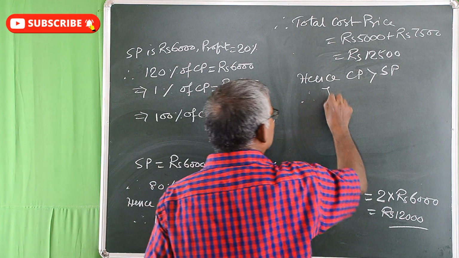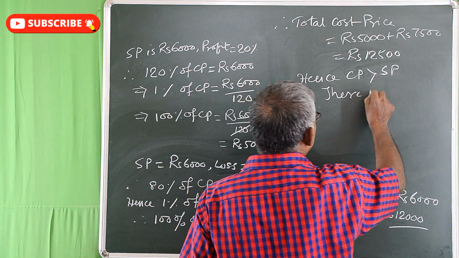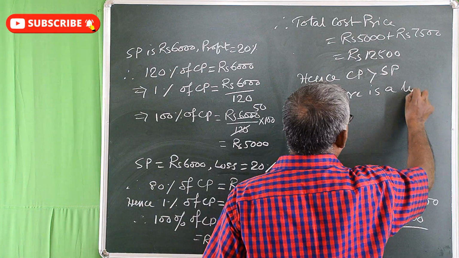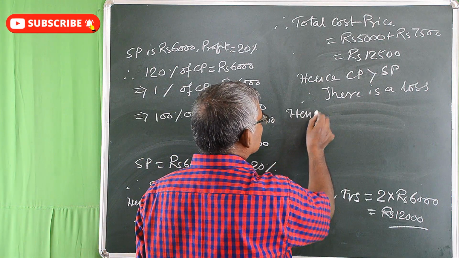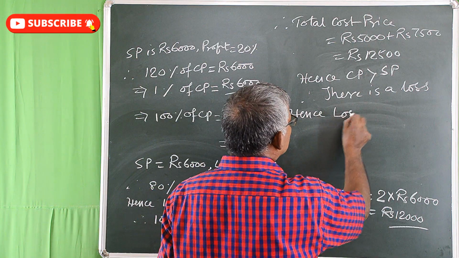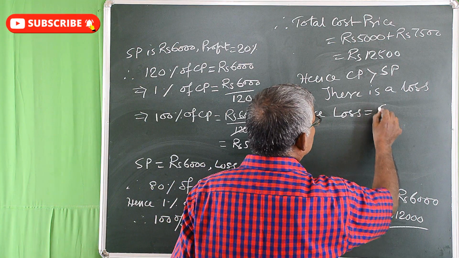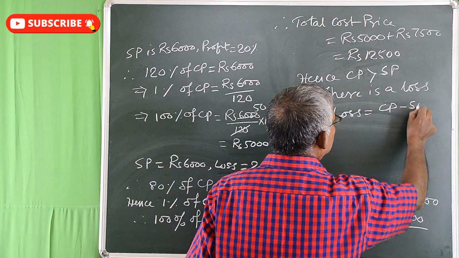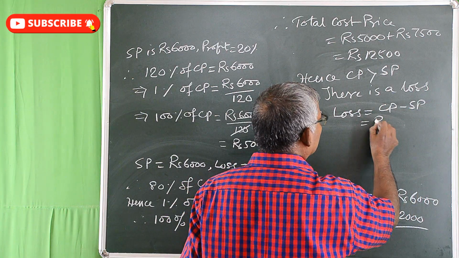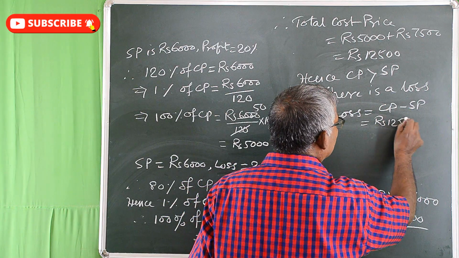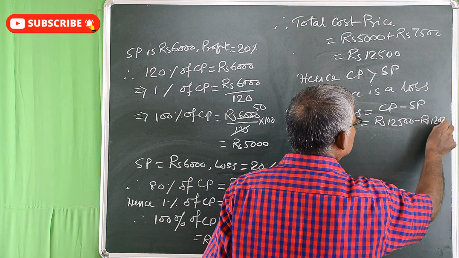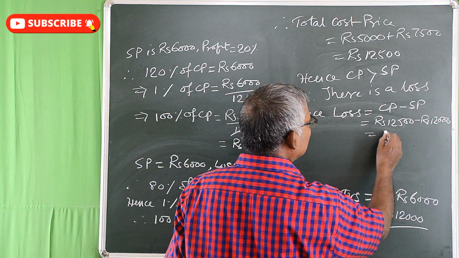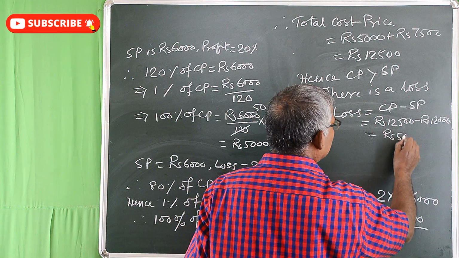Therefore, there is a loss. Hence, loss equal to CP minus SP, that is rupees 12,500 minus rupees 12,000 equal to rupees 500.